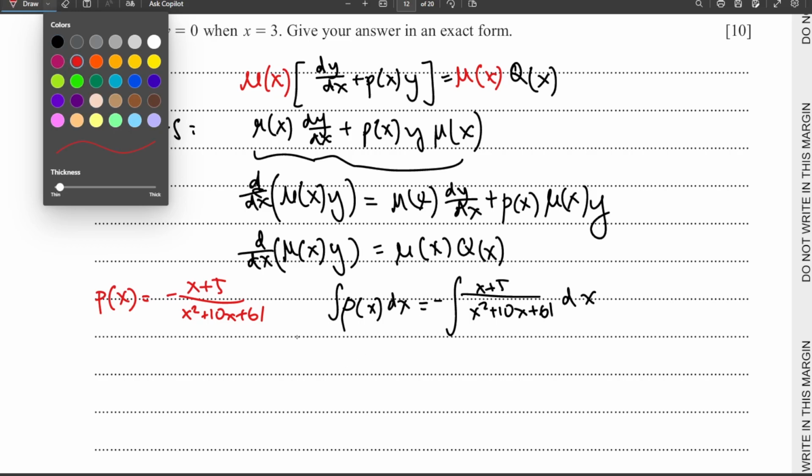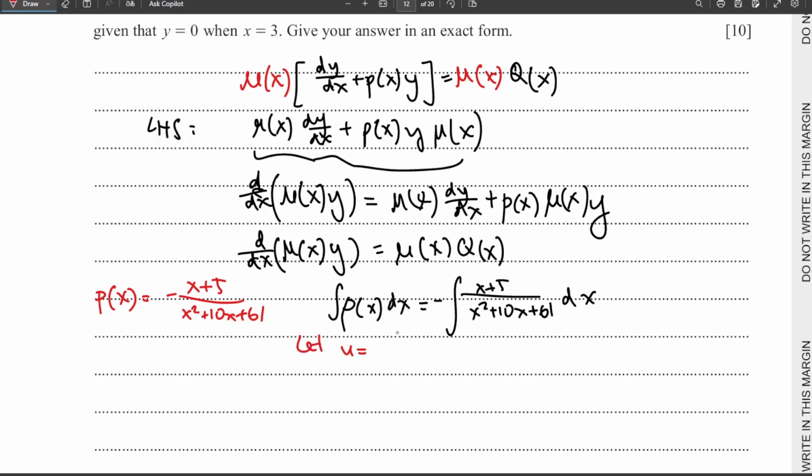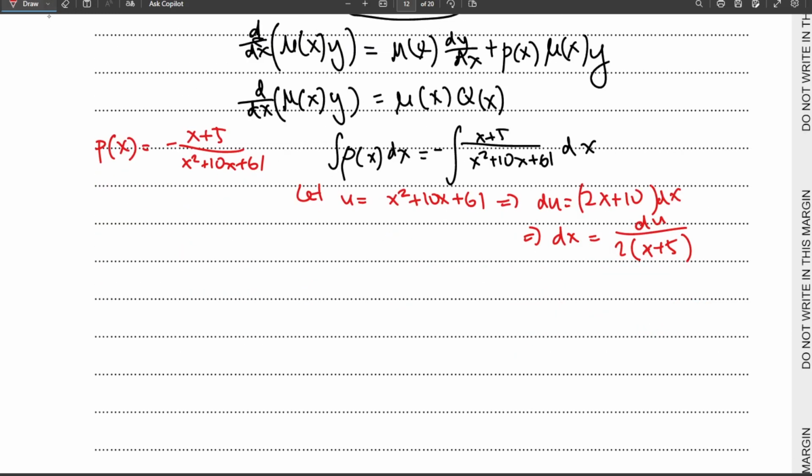We'll let u, a function of x, be the bottom function, and therefore we have du equals 2x plus 10 dx, and I can isolate dx to be du over 2 times (x plus 5). I'll factor out the 2, so it's easier to see later how we're going to use this to integrate.